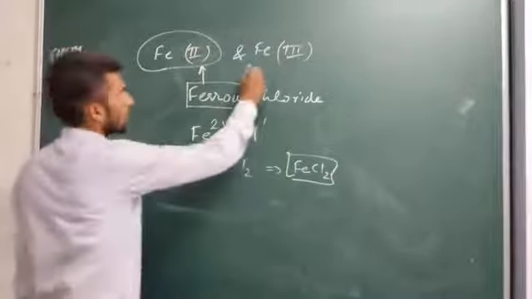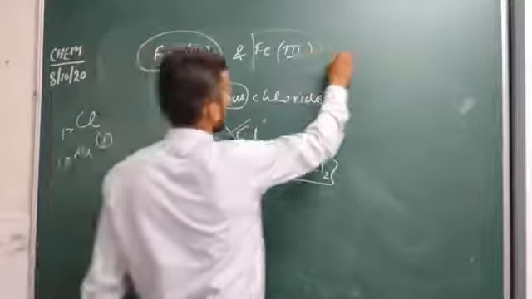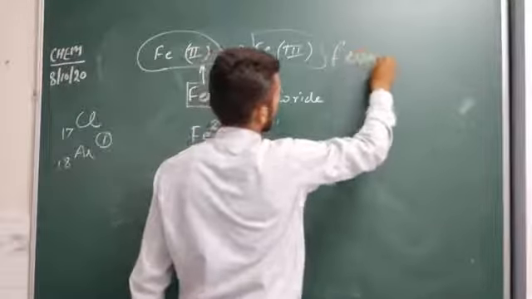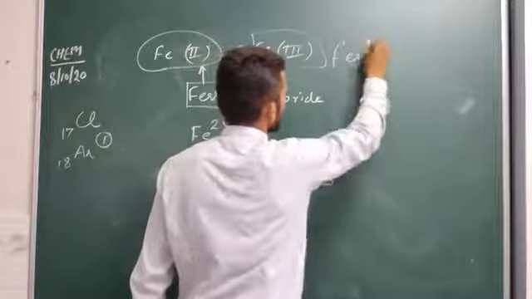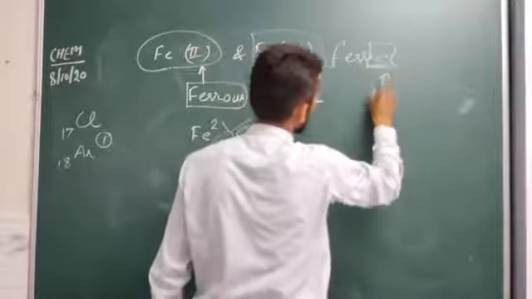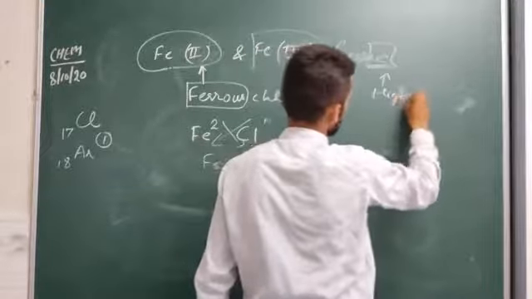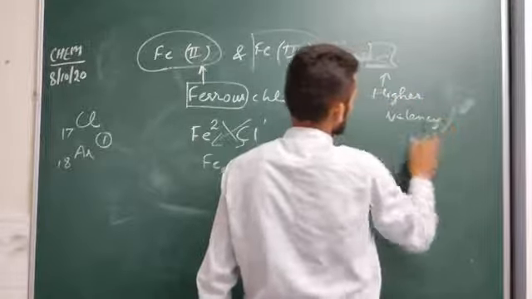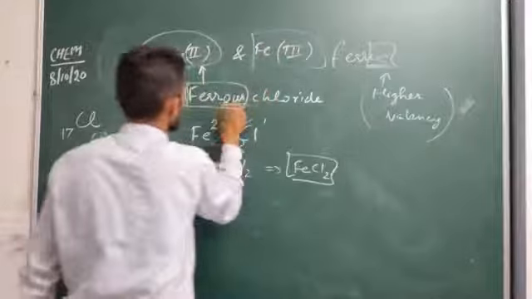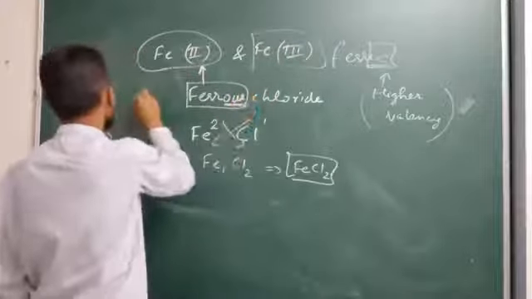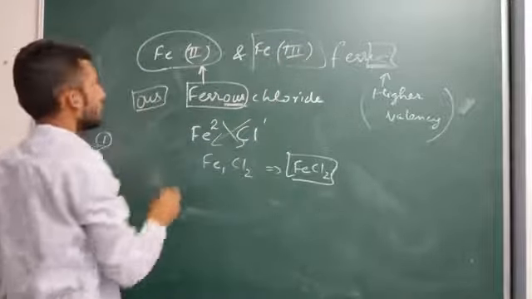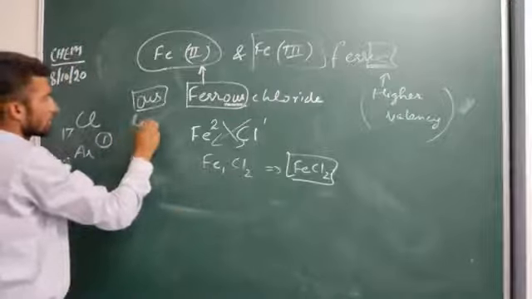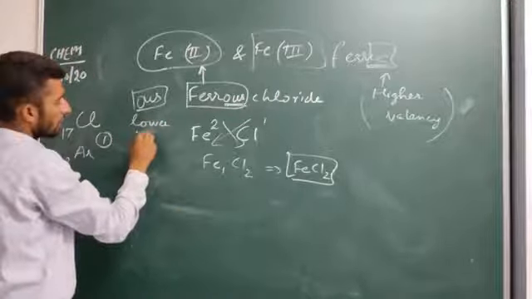Another one is ferric. Always remember, when the ending IC is written, that means higher valency. And if OUS is written, it means lower valency. Clear?